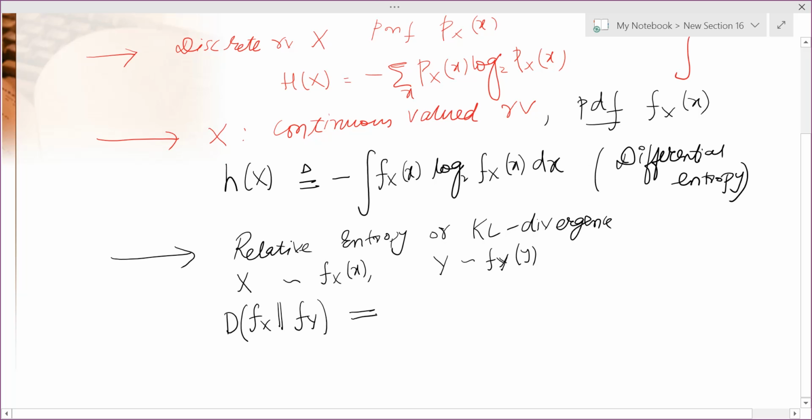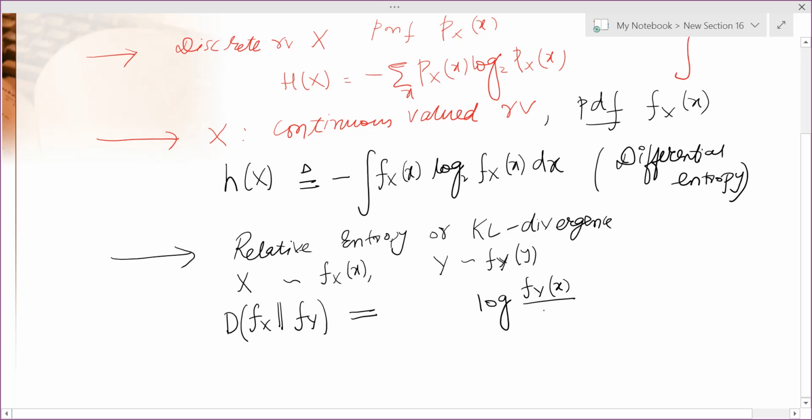So if you recall, from the discrete case you had a log of py, here we have fy of x, I will write x here for clear reasons.